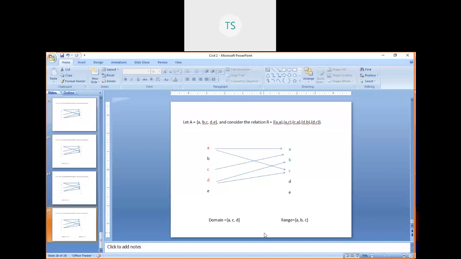Are you clear about the concept of domain and range? Yes, ma'am. But excuse me, ma'am, the screen went blank. Okay, I'll share it again. Wait.